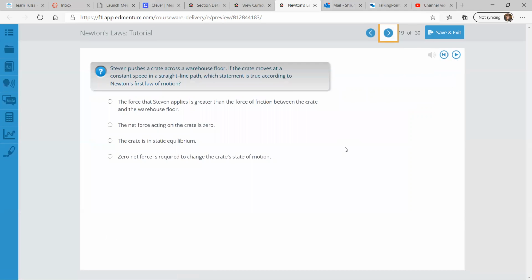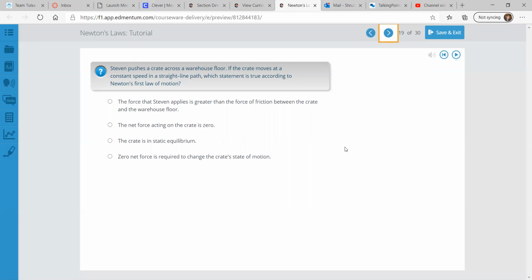So now we have a question. Stephen pushes a crate across a warehouse floor. If the crate moves at a constant speed in a straight line path, which statement is true according to Newton's first law of motion? The force that Stephen applies is greater than the force of friction between the crate and the warehouse floor.